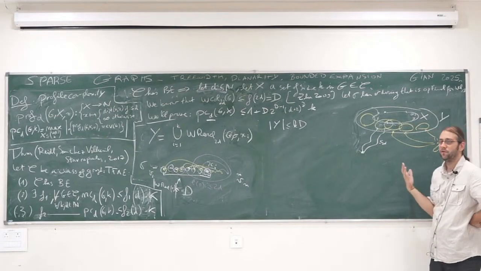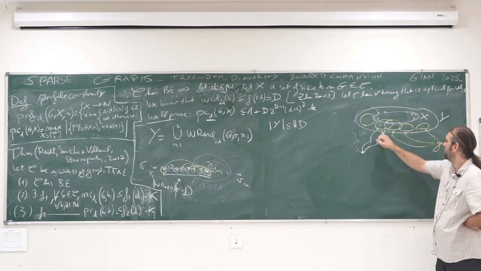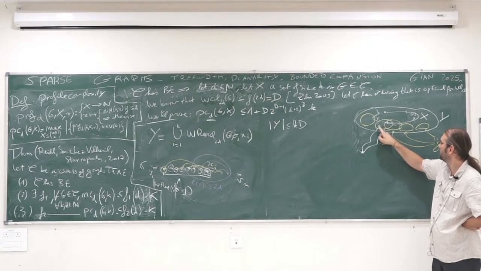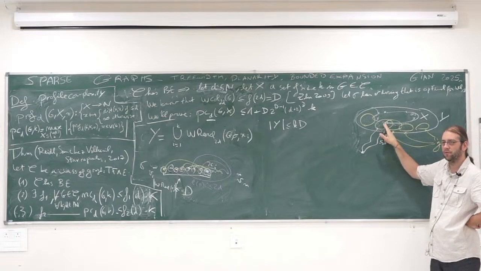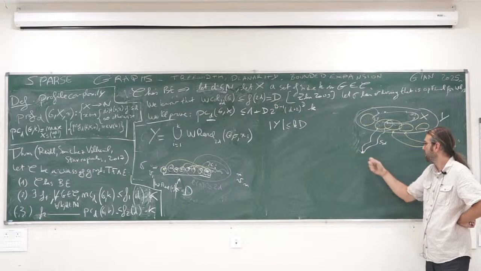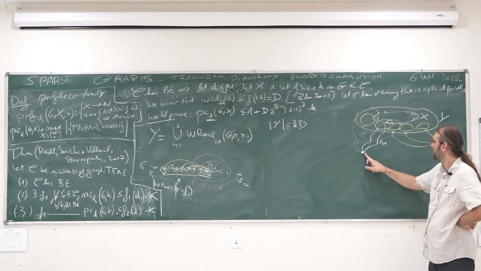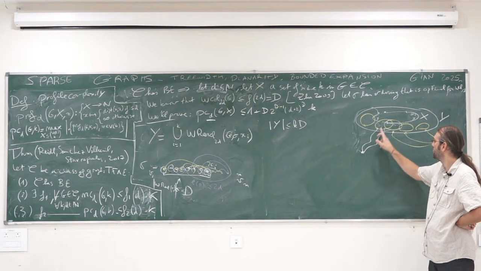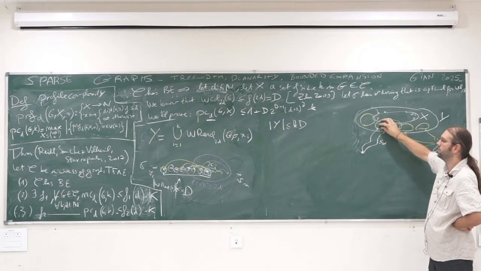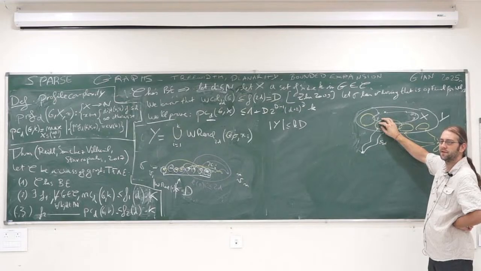Why will this be helpful? The idea will be that, since this is small, there will not be a large number of them. So all the distances to x, since they have to go through here, will be determined by the distances through that bubble itself.